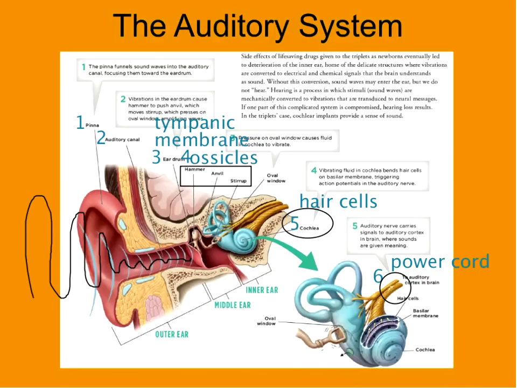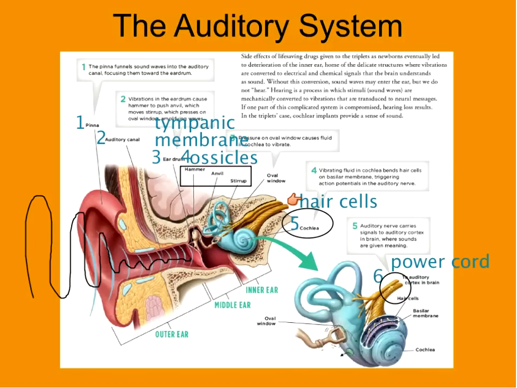Okay, so the sequence here is pinna funnels it down the auditory canal. It bangs on the eardrum. That moves the ossicles. The stirrup, one of these ossicles, presses on the oval window, which is a location on the cochlea. The cochlea is where we've got the hair cells. The hair cells, as we're going to see in a minute here, are going to get manually stimulated.